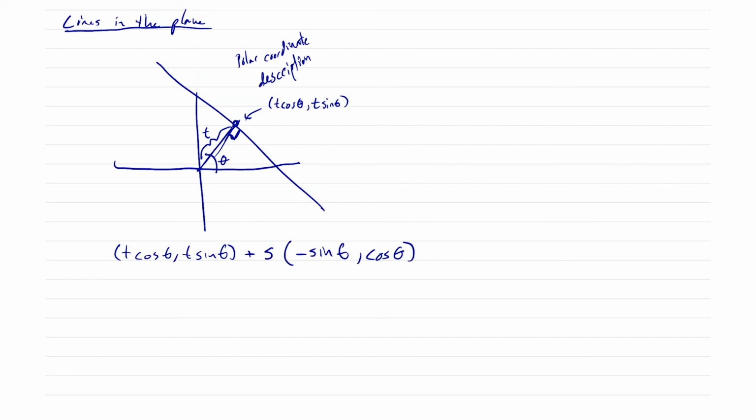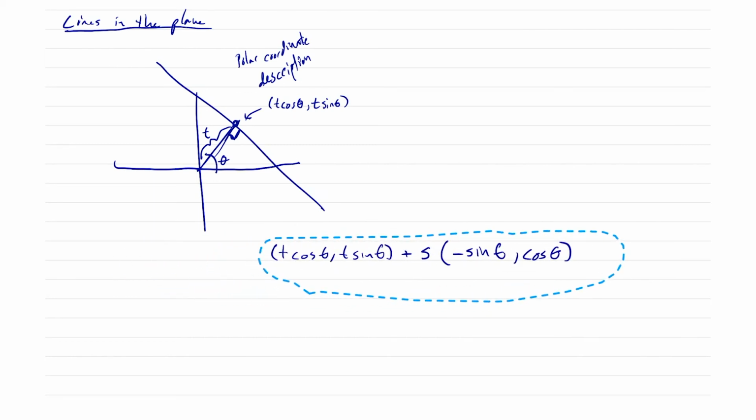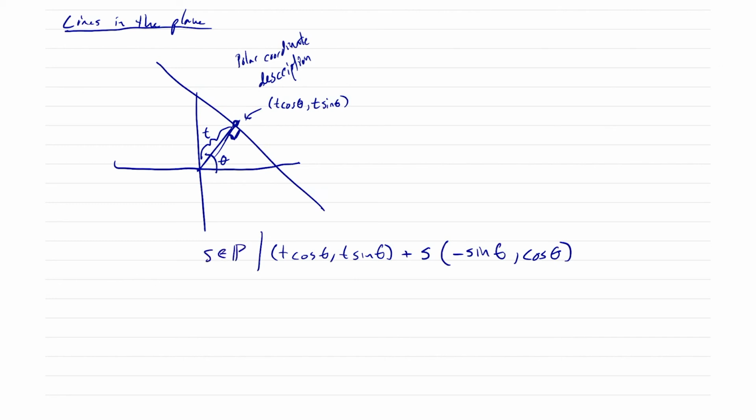Then we basically make a set notation out of it, so we talk about s in R. This would basically describe the line that we would call L_t,theta, right?